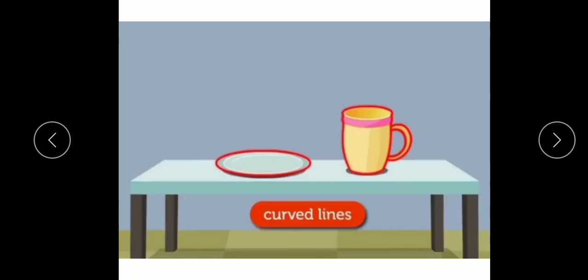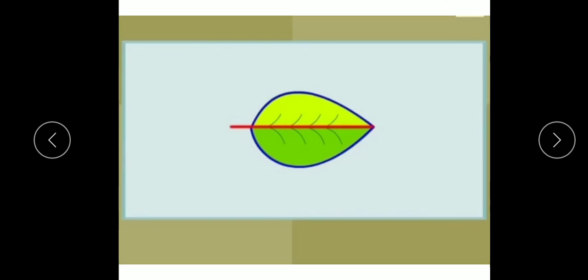See next example. See children, the rim of this plate is also a curved line, right? And this mug is also a curved line. Children, observe the shape of this leaf. It has both curved as well as straight line. This is your straight line and this outer portion is your curved line.